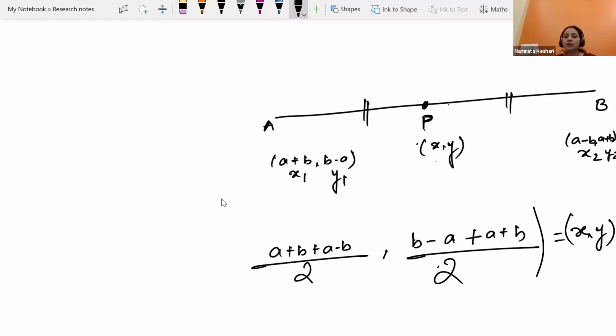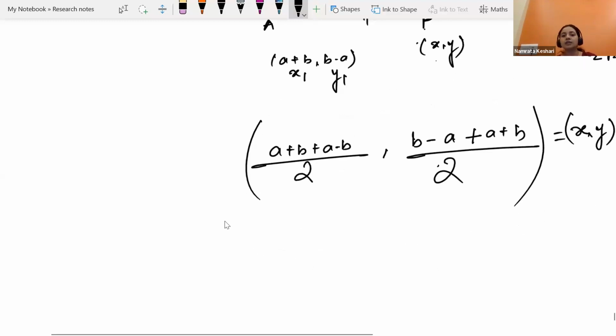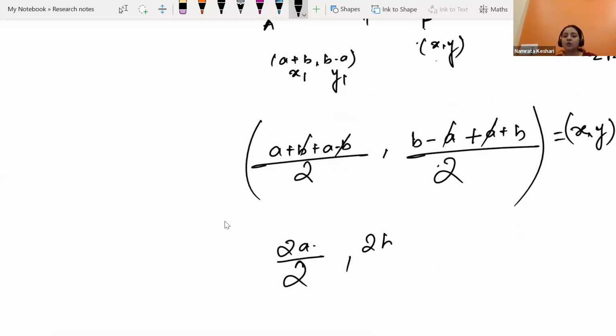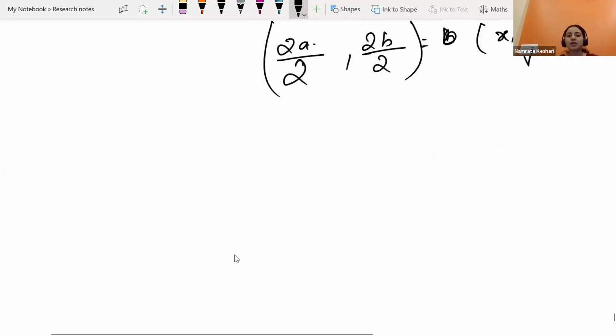This coordinate and that coordinate will be equal. If we do the comparison, we will get the answer. b gone, we are left with 2a by 2, and here a gone, we are left with 2b by 2, which equals x comma y. This is also a coordinate. So if we compare, we get a is x and b is y.